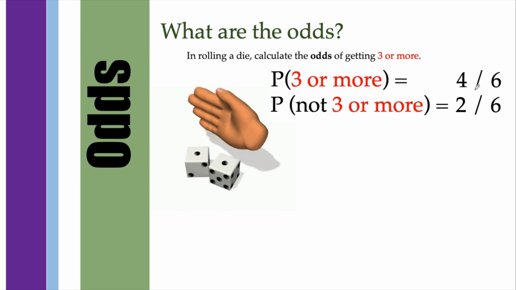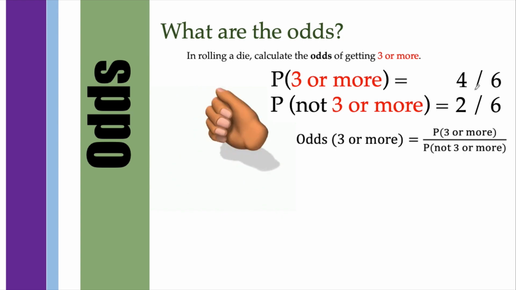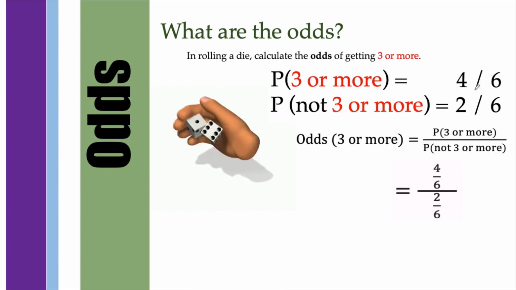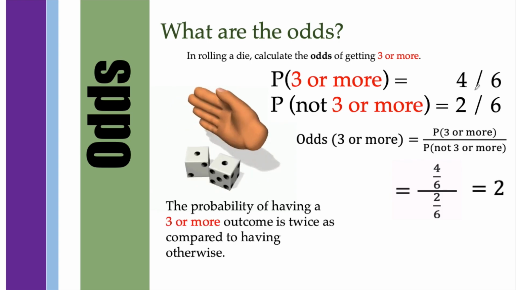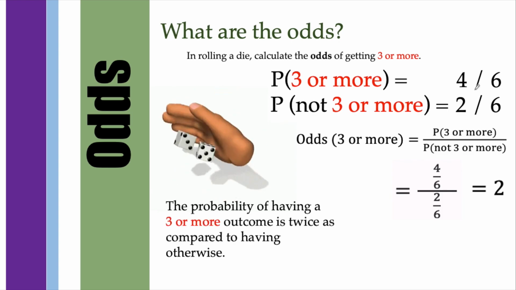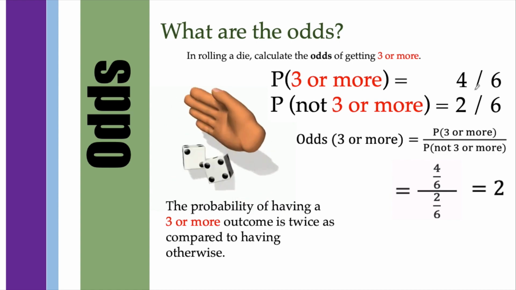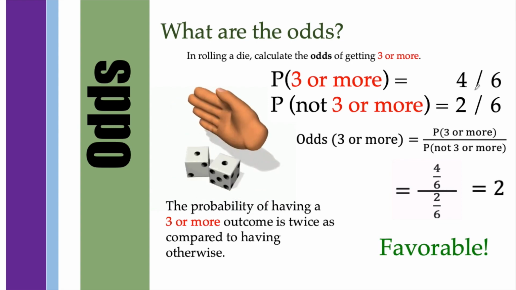In other words, the odds here of getting 3 or more is simply 4 over 6 divided by 2 over 6. And that will give us 2. So this means that the probability of getting a 3 or more outcome is twice as compared to having otherwise. So it goes to show that it's more likely that that will happen versus it will not happen. So it's favorable.